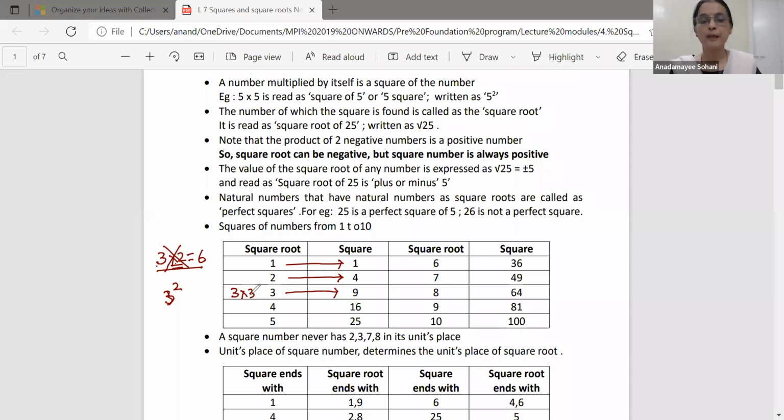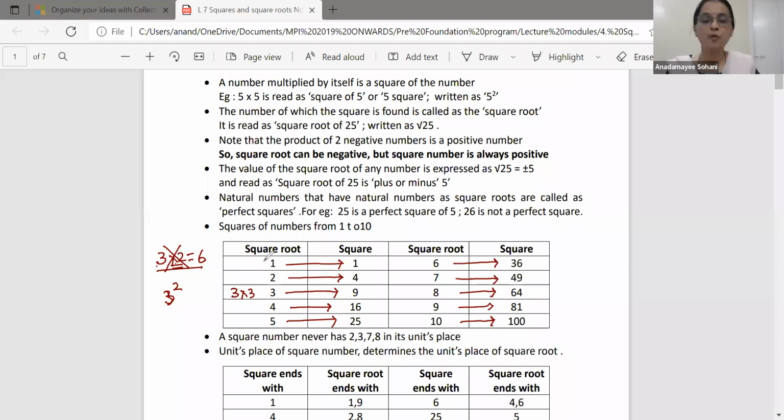So 3 square is 9. 4 square is 4 into 4, 16. 5 square is 25, 5 5s are 25. 6 square is 36, 6 6s are 36. 7 7s are 49. 8 8s are 64. 9 9s are 81 and 10 10s are 100. These are the squares of numbers from 1 to 10.